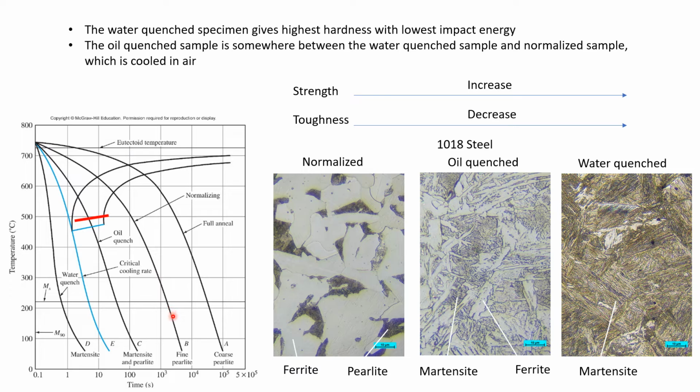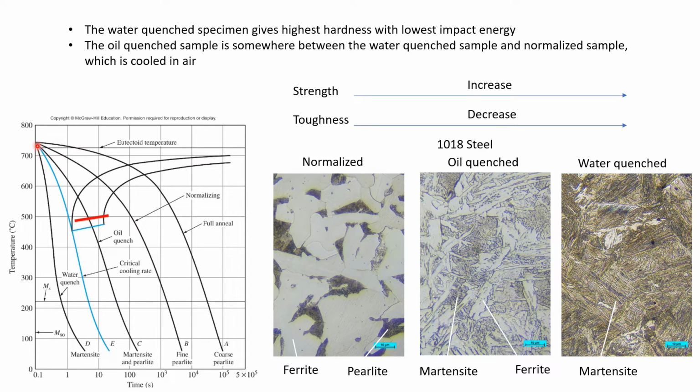That is the sample cooled in air, which will give phases mainly of pearlite. The water quench sample corresponds to this cooling curve, which will give a structure of martensite. And the oil quench sample has a slower cooling rate than the water quench, but a faster cooling rate than the normalized sample.